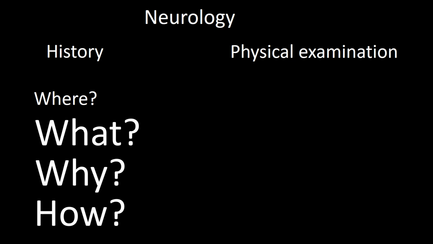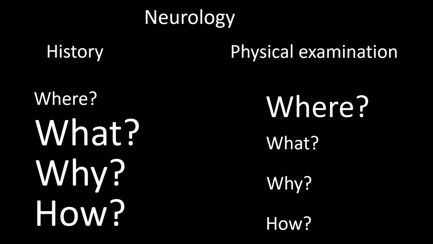The contribution of the neurological history to finding where the problem is relatively less than the contribution of the neurological history to what, why, and how. The contribution of the neurological exam to where the problem is relatively more than the contribution of the neurological exam to what, why, and how.